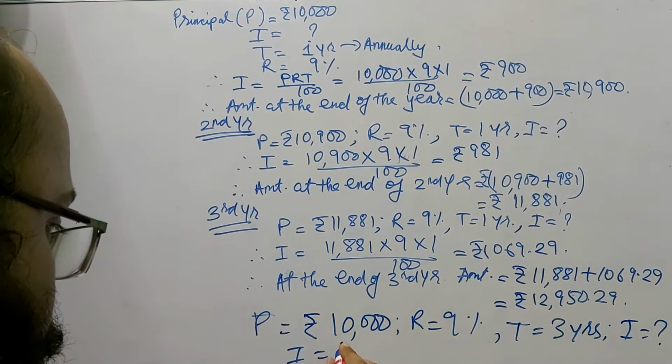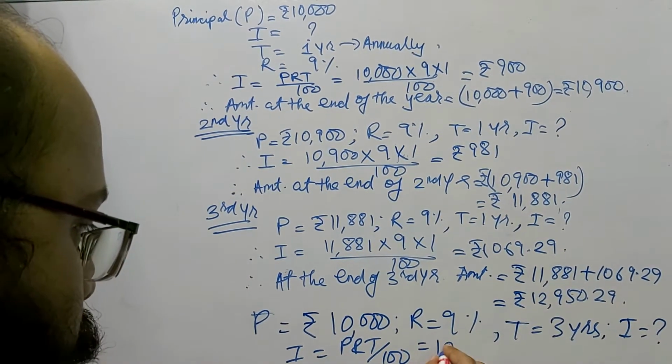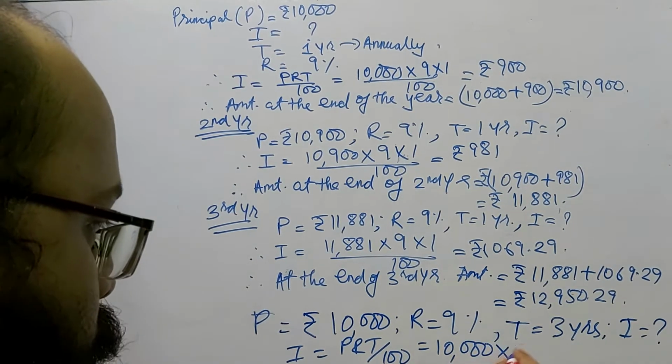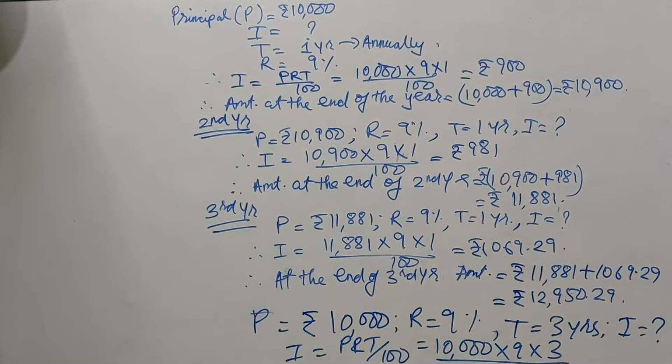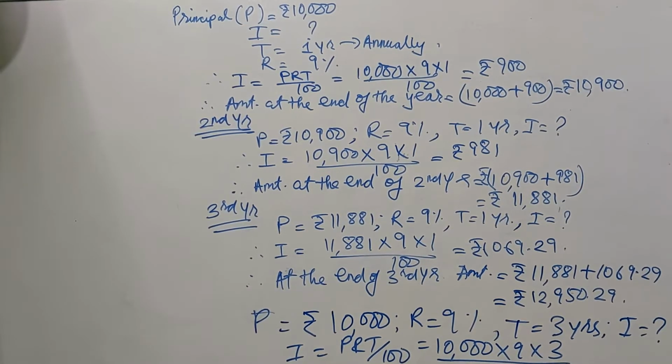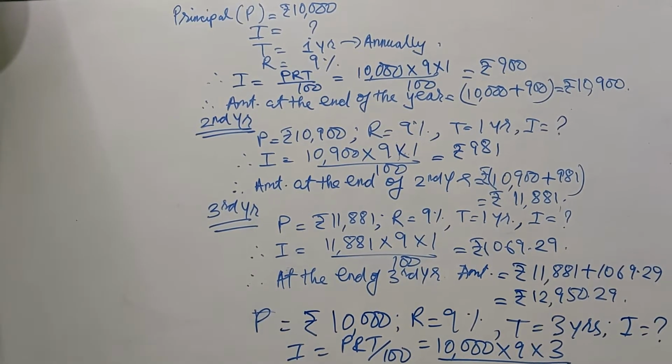I will use the same formula, PRT by 100: 10,000 into 9 into 3. Why 3? Because here it has not been mentioned that it is compounded annually as compound interest. It has been calculated as simple interest, not compound interest.